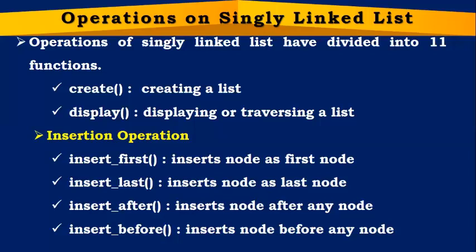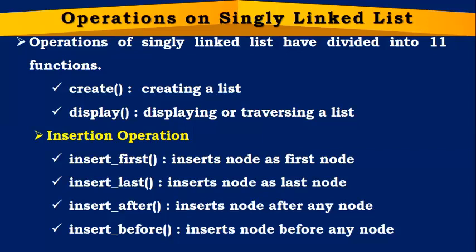Coming to the insertion operation, as I already discussed, insertion means inserting a node in a single linked list. The question is how and where the node is going to be inserted. The node can be inserted as a first node or last node, after any node, before any node. So this complete insertion operation is divided into 4 functions.